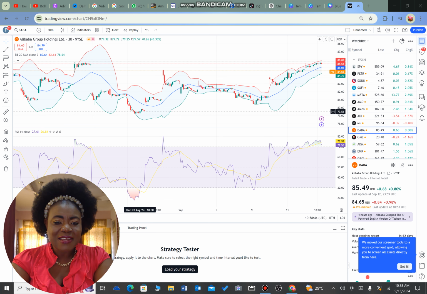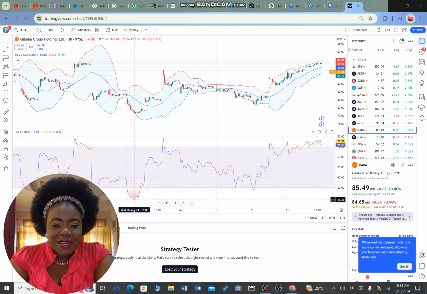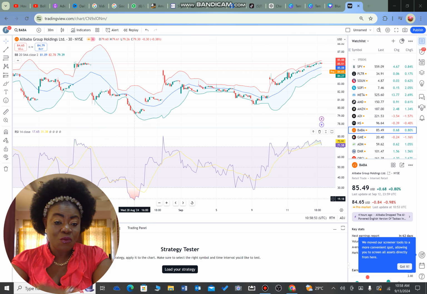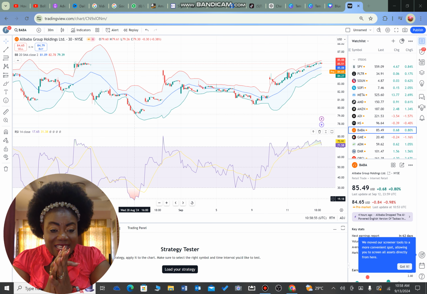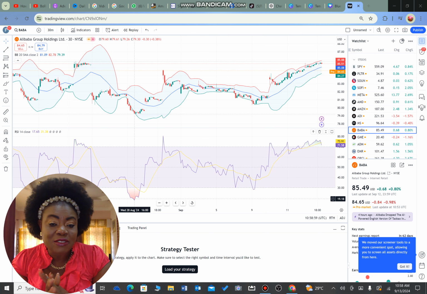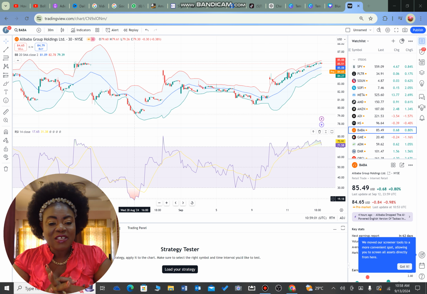So at this point, the RSI was somewhere around 19. Seeing RSI around 19, I would consider this oversold to a very, very low point.